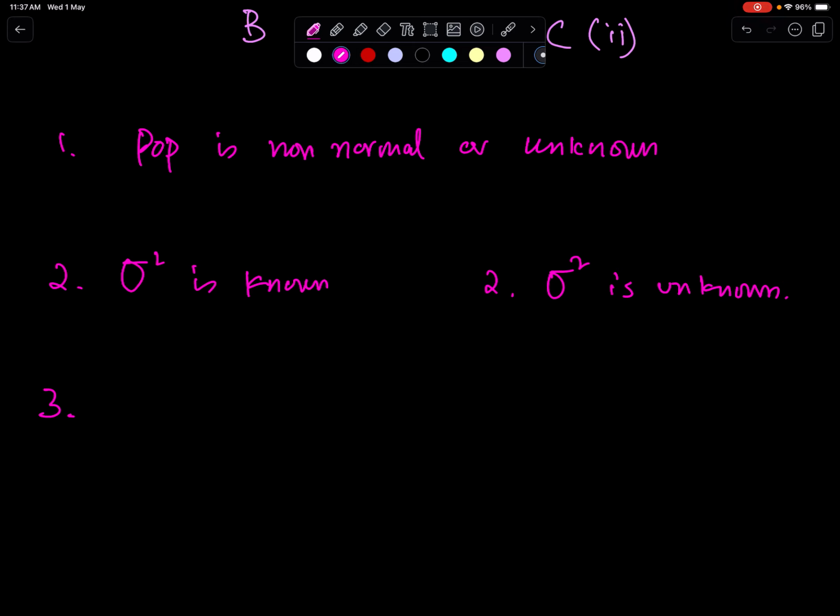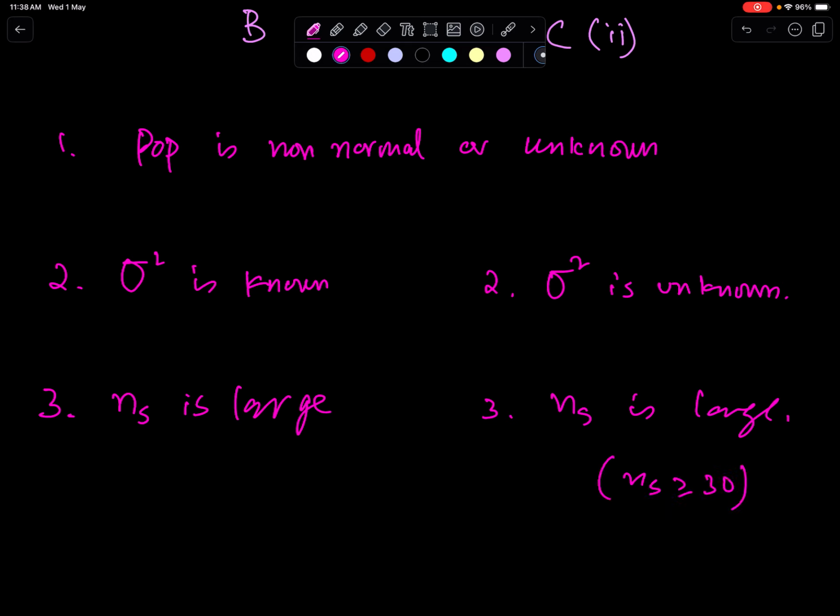And this is the similar thing in both the cases: n is large, greater or equal to 30. Here sigma square is unknown, therefore sigma cap square will be used.